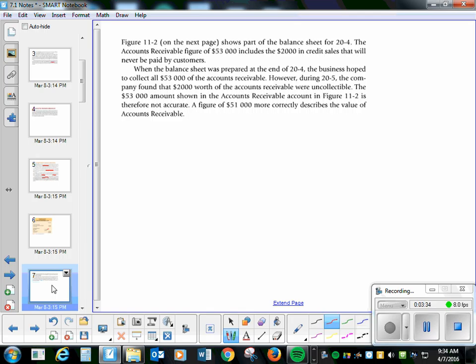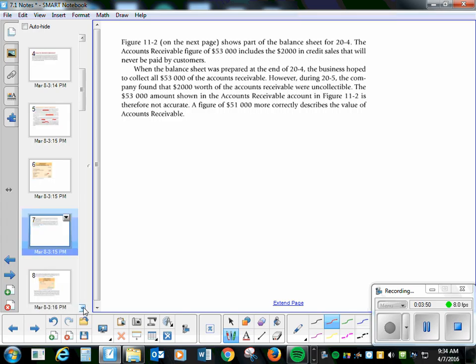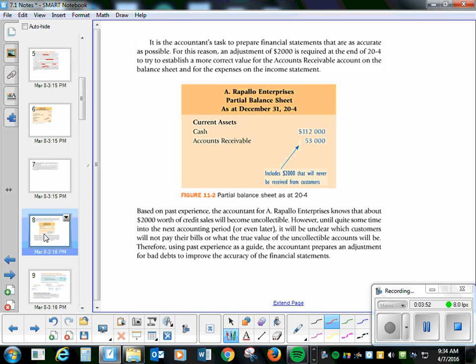However, during 25, the company found that $2,000 worth of the accounts receivable were uncollectible. The $53,000 amount shown in the accounts receivable account is therefore not correct. A figure of $51,000 more correctly describes the value of the accounts receivable, as you can see right here.